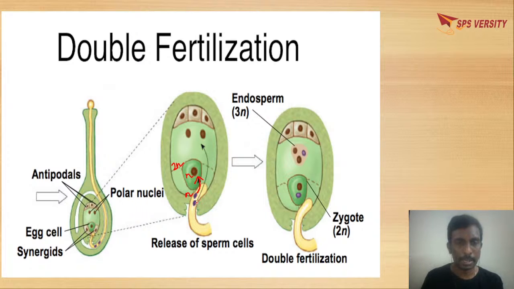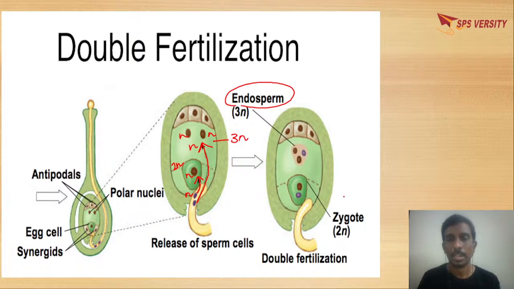The other male gamete fuses with two polar nuclei which are present in the central cell. That is, N plus N plus N. It results in the formation of 3N, that is endosperm.